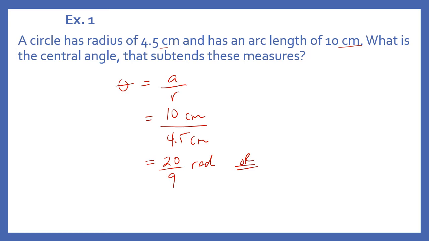If it asked you for an approximate answer, then you could round and it would be 2.2 radians. Again, rad just stands for radians. So if you had those measurements, 2.2222 rads, those pie slices that we just saw in the previous slide would be 2 of those plus a little bit of our circle.